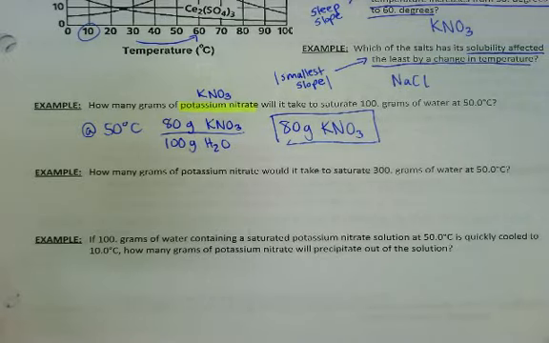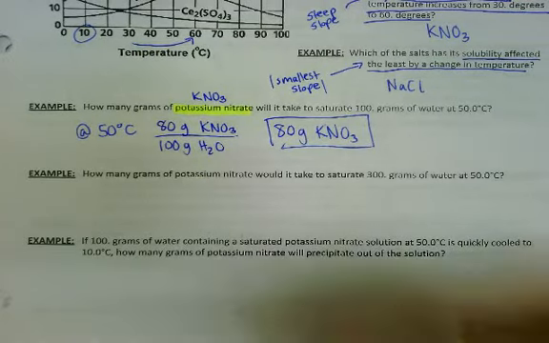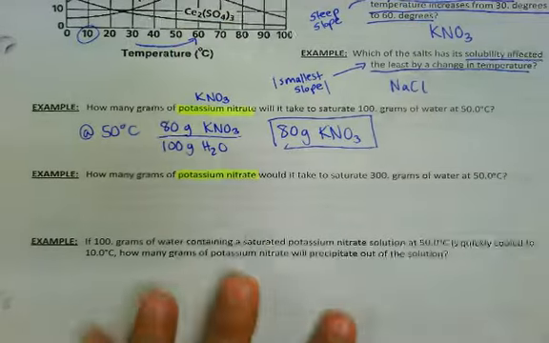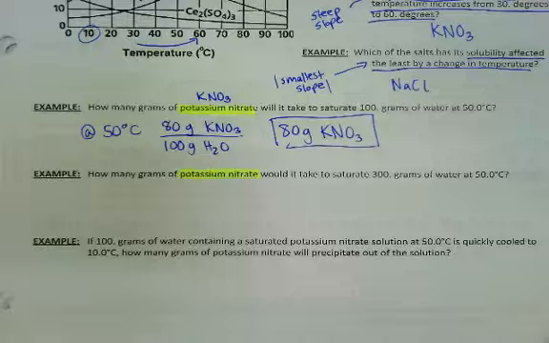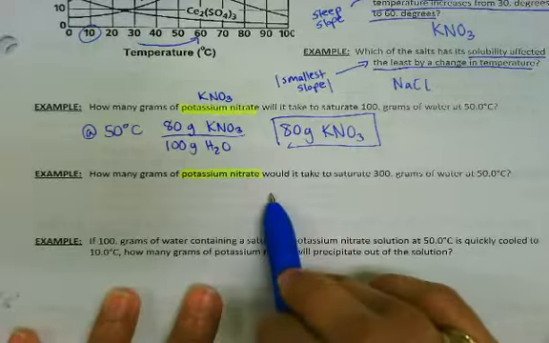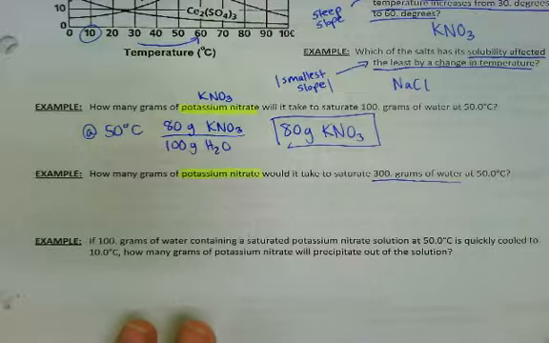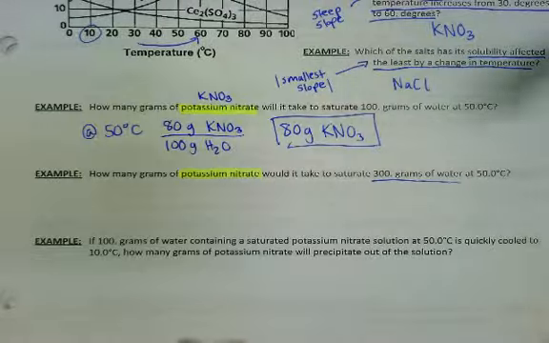The next example is also asking about potassium nitrate. But here it asks us how many grams of this substance would it take to saturate 300 grams of water at 50 degrees Celsius. So this is a case where we would have to set up a proportion, okay?